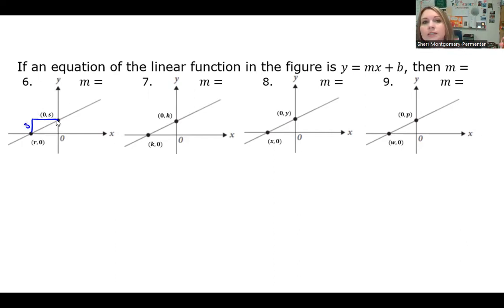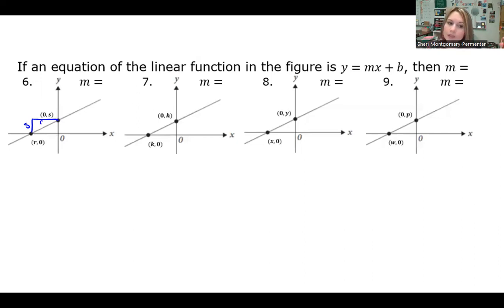They're saying this point is point R, so this distance right here has to be R, whatever that is.